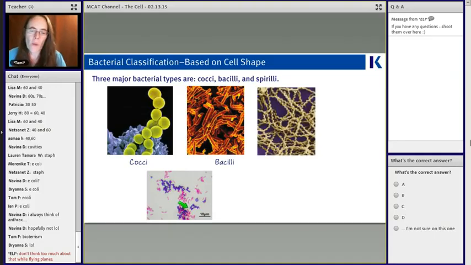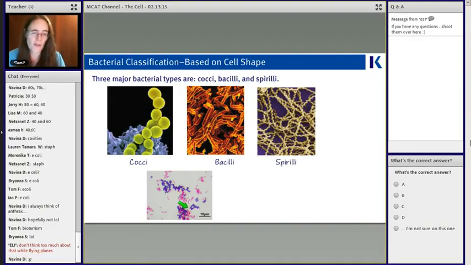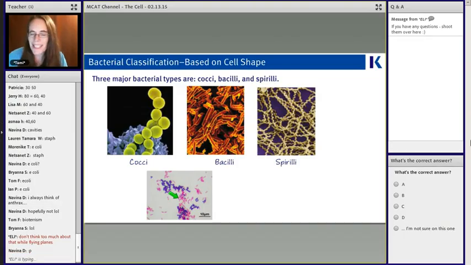And then we have spirilli. And spirilli are very, very interestingly shaped. Okay? Treponema pallidum is a spirillum, and that's the spirillum that actually causes syphilis. Now, as we look down here, we see a purple and a pink. What is this staining? What is it called when we get this staining?